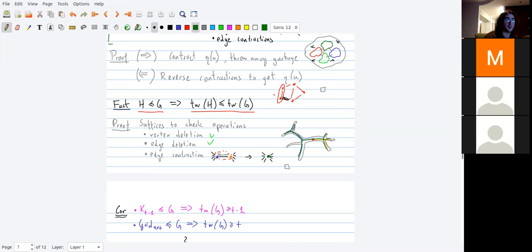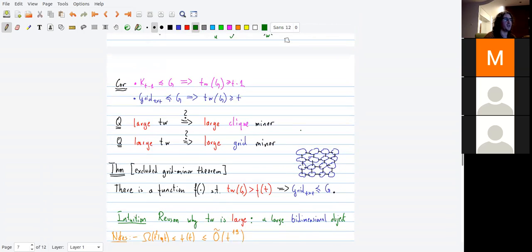This is a connected subtree because those two subtrees intersected, because of the existence of an edge. And it is easy to see that this doesn't increase the width of the decomposition, because the only thing that could happen is that I replaced in some bags either U or V with this new vertex W. So the sizes of the bags could only decrease because I substituted one or two vertices with just one vertex.